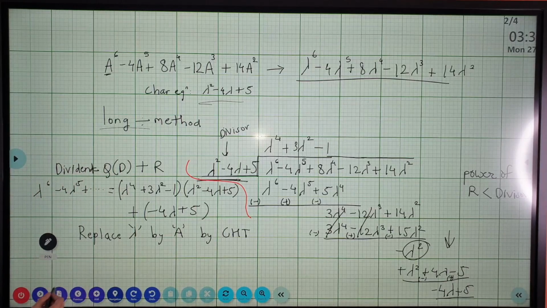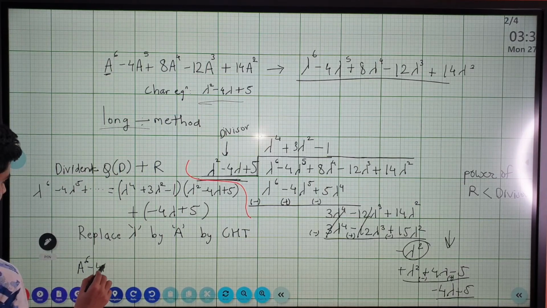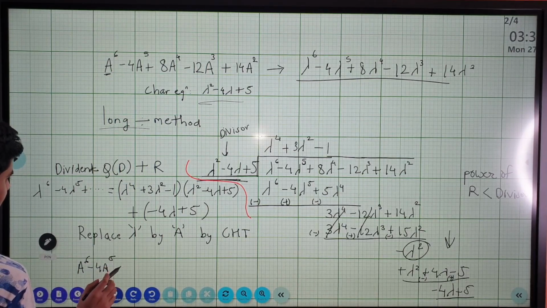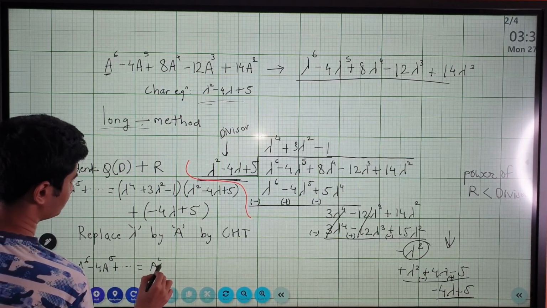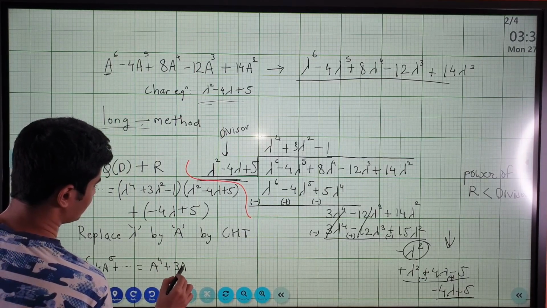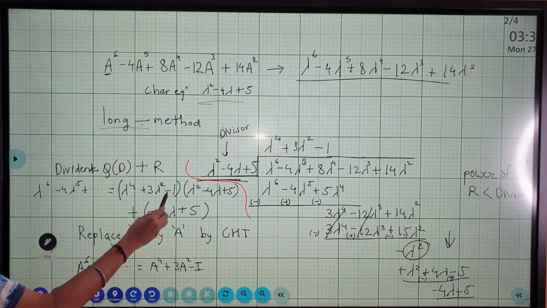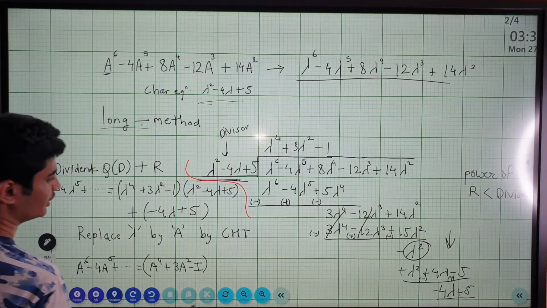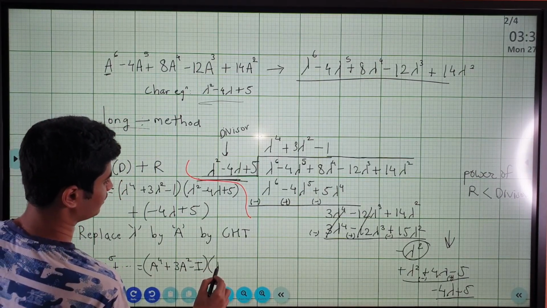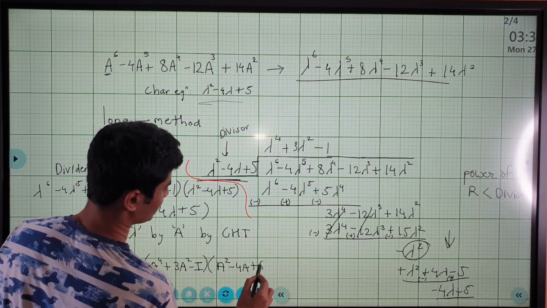We get A raised to 6 minus 4 A raised to 5 plus dot dot dot is equal to A raised to 4 plus 3 A square minus I. Here 1 will be replaced by I as we are writing in the form of a matrix, into the divisor, which would be A square minus 4A plus 5I.